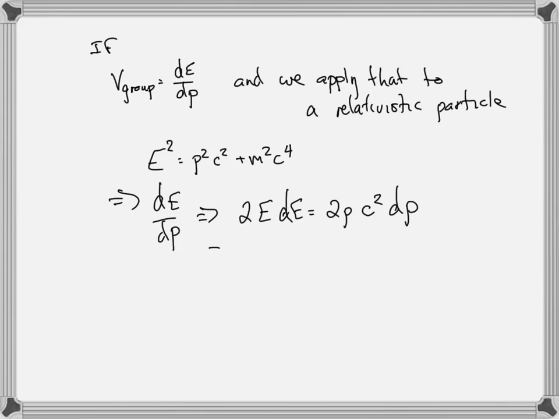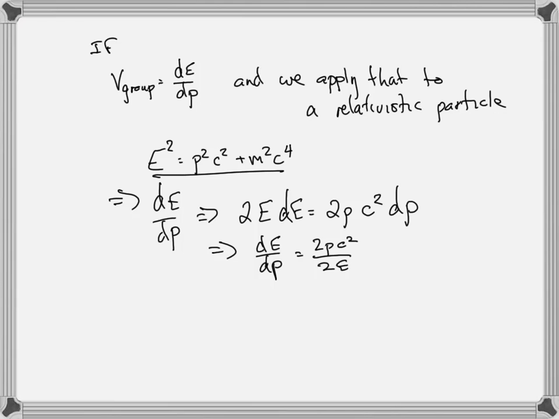You could take the square root and then the derivative, but this is the quickest way. I am simply taking the derivative of E with respect to P, and what you will find is that dE dP is equal to 2P c squared over 2E.